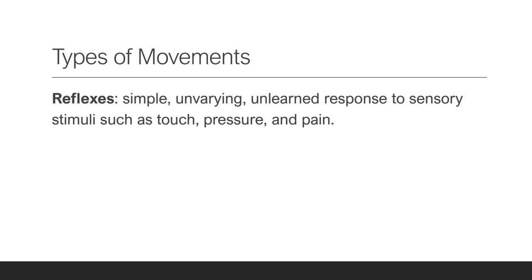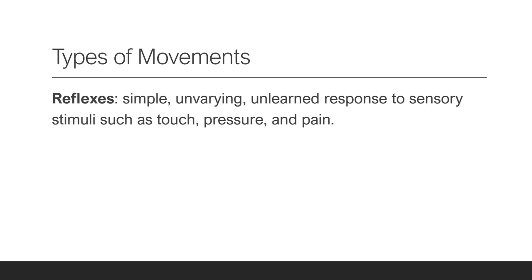Okay, so let's get started with what types of movements we have. We've got many types of movements that we can make, of course, but they can really be grouped into two broad categories: movements that require the brain and movements that do not.